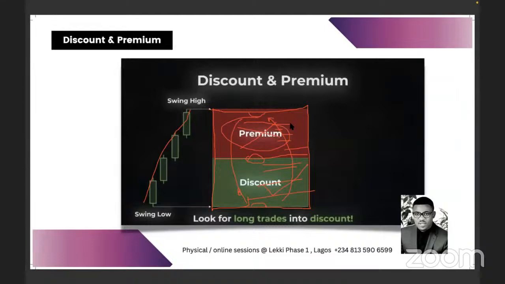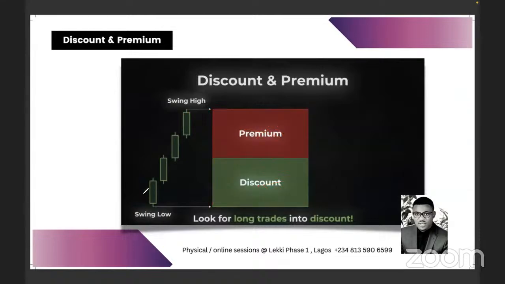No. You want to buy when the price is at discount, cheapest. So you have to wait. If you have a market movement where price is scaling upwards, from the trend, the price will usually tend to retrace downward.